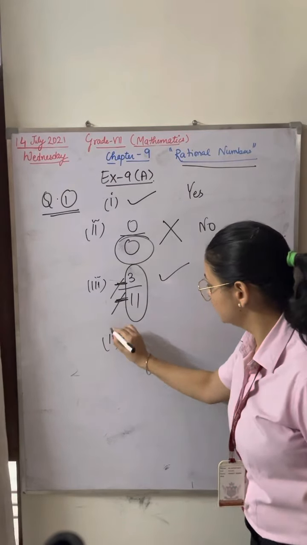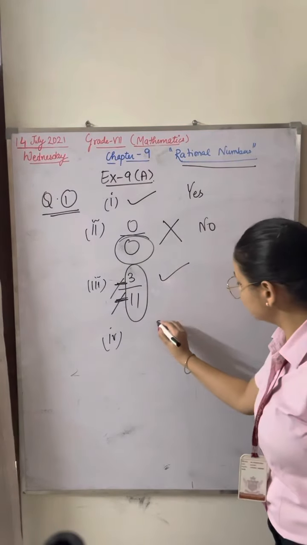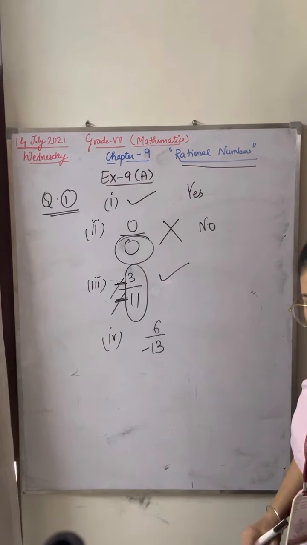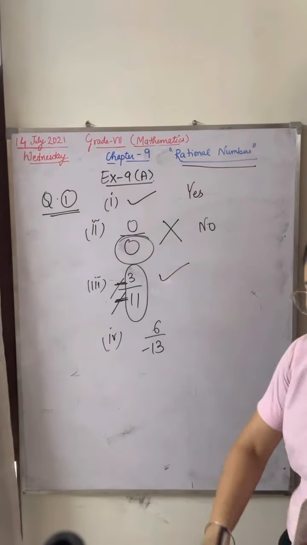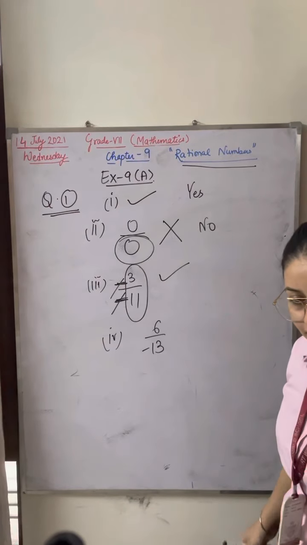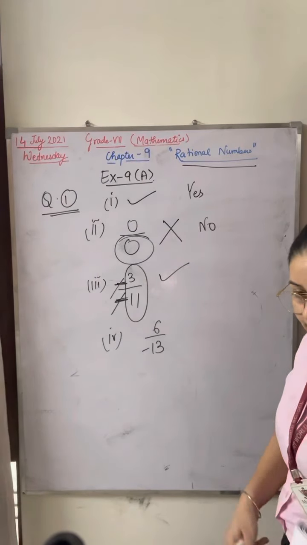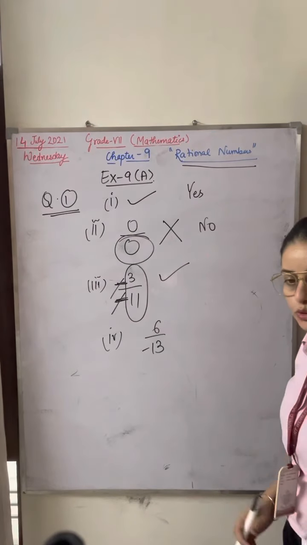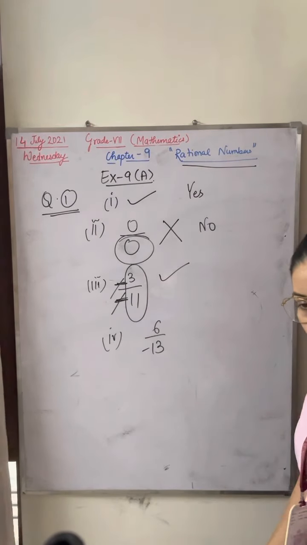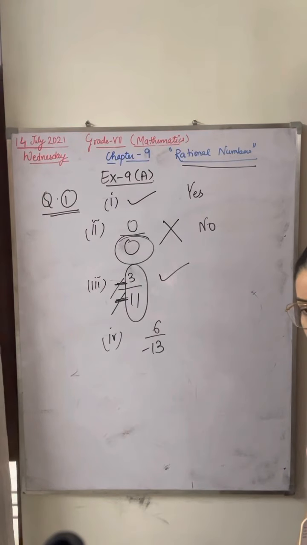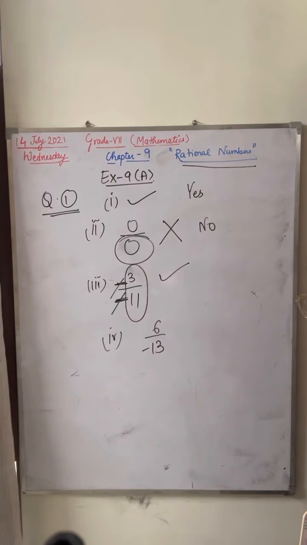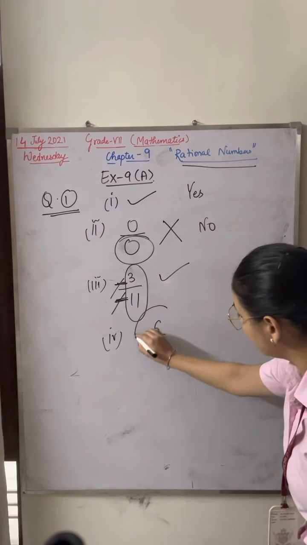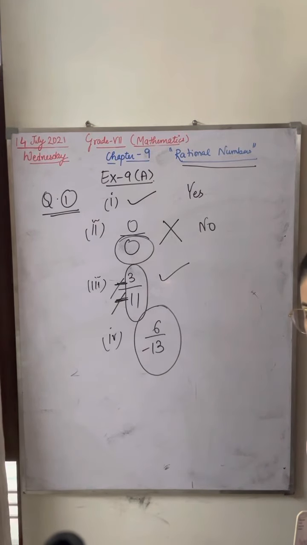Fourth part is 6 upon minus 30. Is this number a rational number?